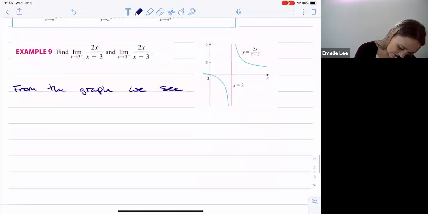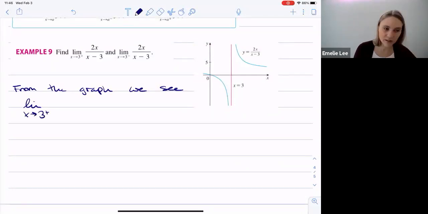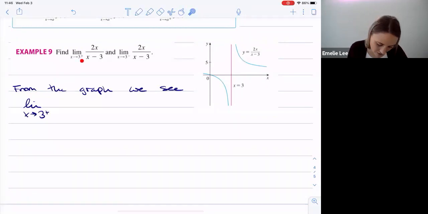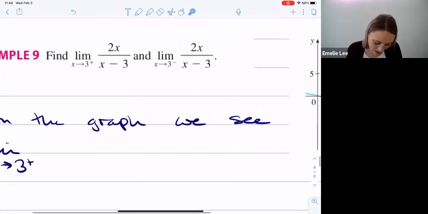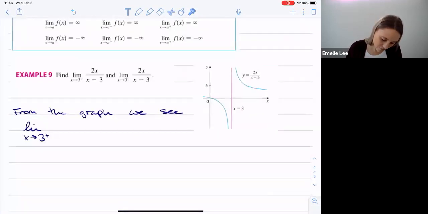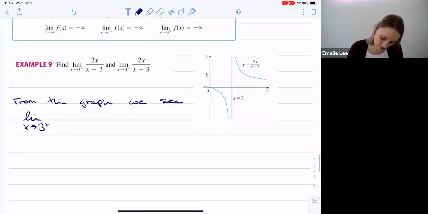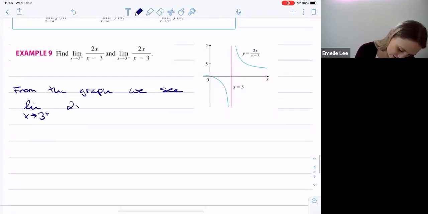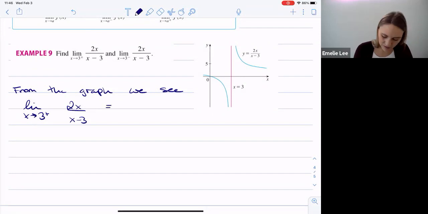we see that the limit as x approaches 3, and we're starting with the positive side, first from the right and then from the left. So the limit as x approaches 3 from the right of 2x over x minus 3 is going to be positive infinity.